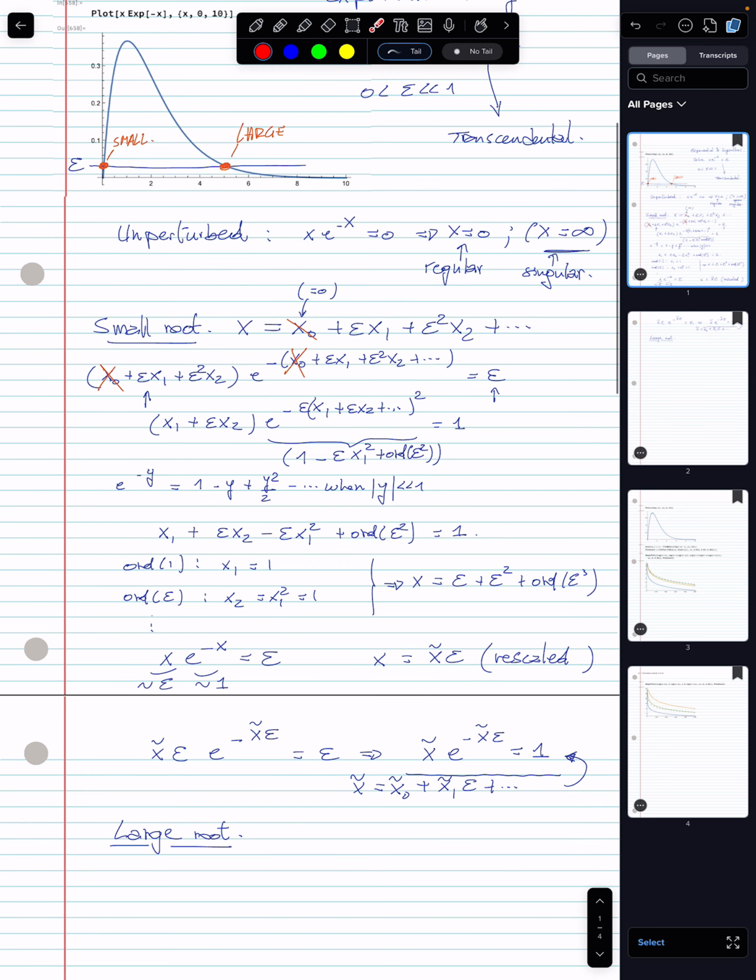Okay, and why is that? Because simply, if you want to substitute this regular ansatz into that equation, you will realize that x being large, you need to find some sort of approximate expression for the exponential of minus x when x is something very large.